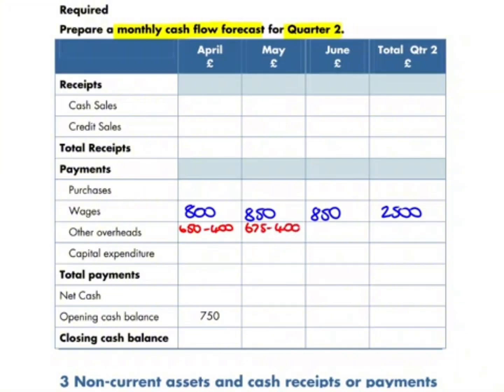And in June, £675 less £400. So our other overheads in April are going to be £250, in May £275, and £275 again in June. And that gives us a total cash outflow of £800 for other overheads in quarter 2.